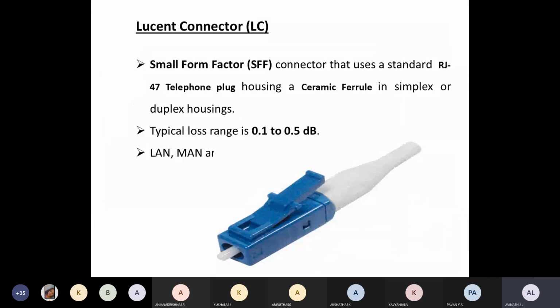Here the typical loss range is 0.1 to 0.5 dB, and this can be used in a LAN, MAN, and WAN: local area network, metropolitan area network, and wide area network.